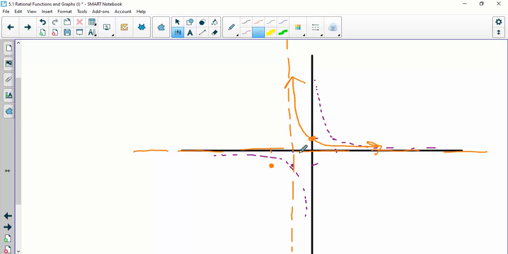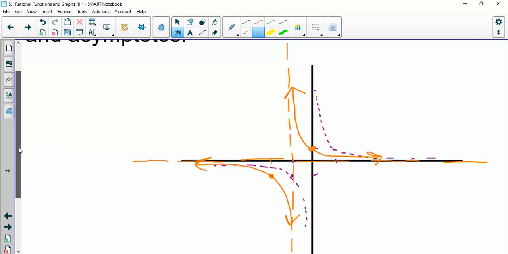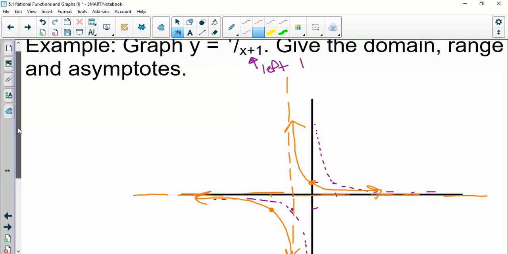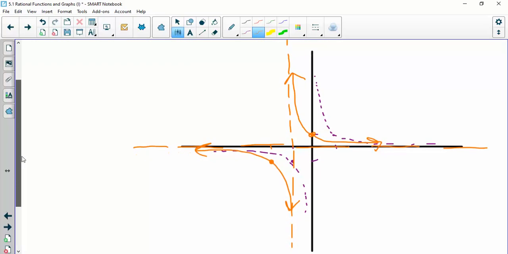Same exact thing, but now my vertical asymptote is at -1. Is there any way you could have looked at this equation and known x couldn't be -1? Yeah, that's the domain. So that value that x can't be, your domain value, that's where your vertical asymptote happens. Okay, so what's my domain?